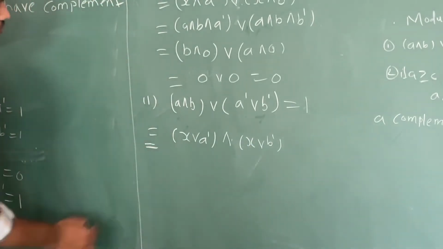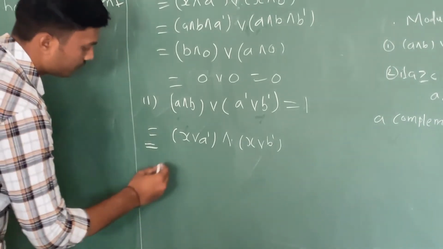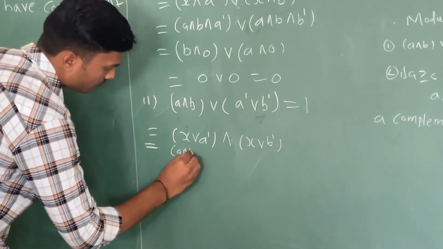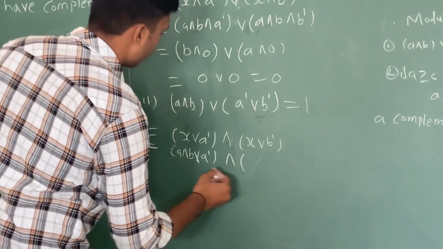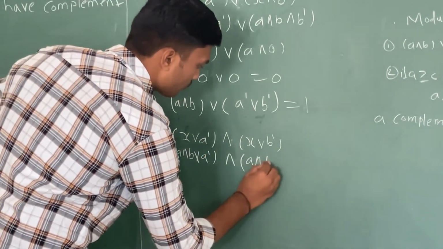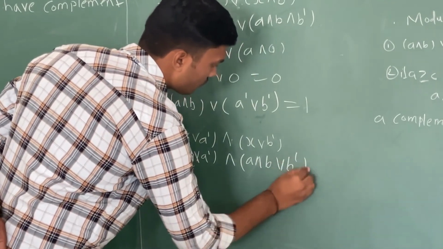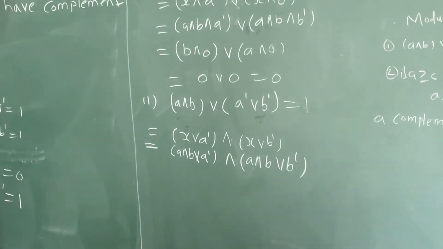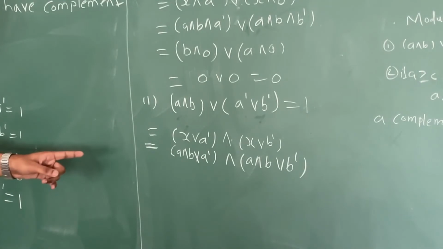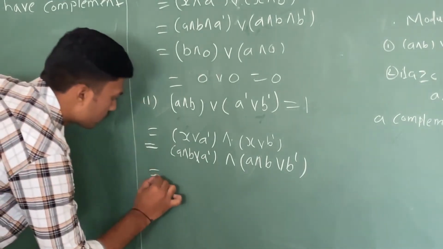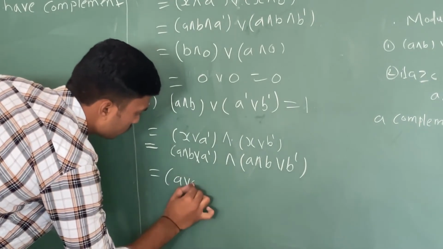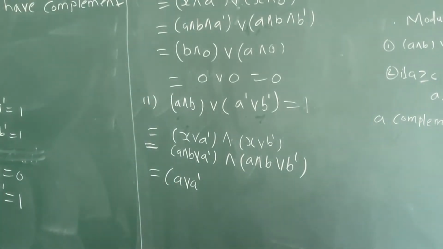I will substitute the value of A meet B. What is the value of A join A dash? You have a bracket there.